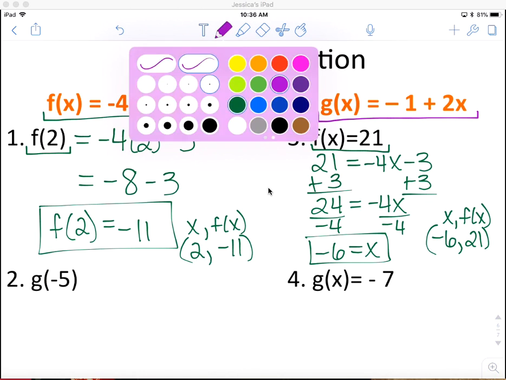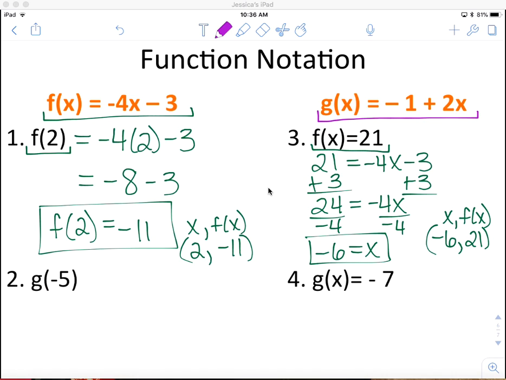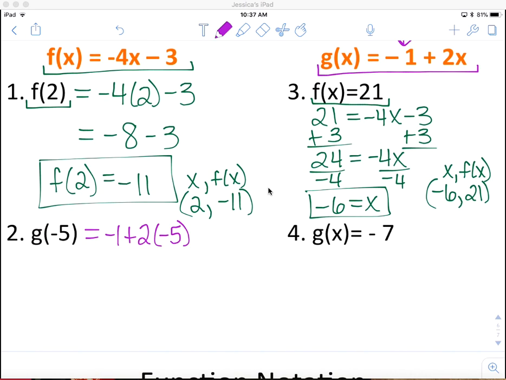Moving on to number 2. Number 2 says g of -5. So this time I'm using g of x. G of -5, since -5 is in the parentheses, means I am going to plug in -5 for x. Now to solve this, I have to do order of operations. So 2 times -5 is -10.